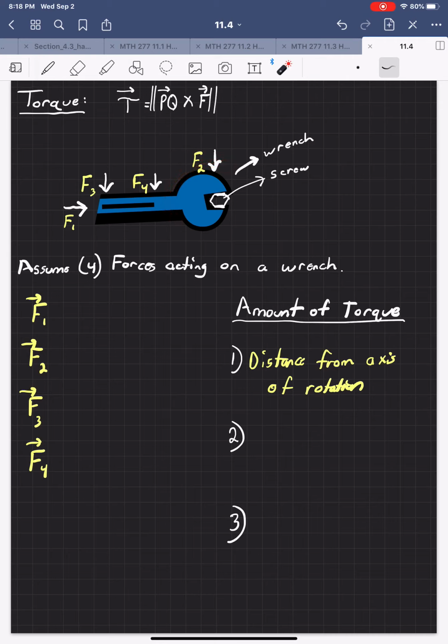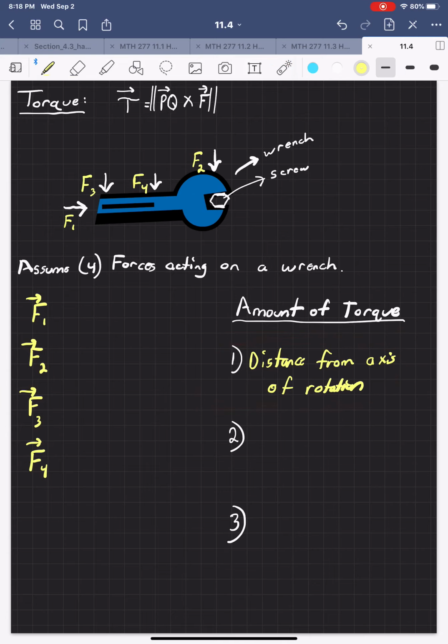Or if you're like my grandfather who just put a really long pipe over the screw, that is to create distance from that axis of rotation. So the distance is important for torque.